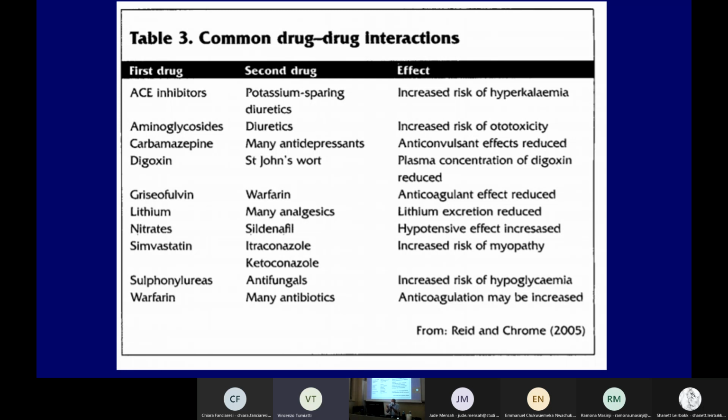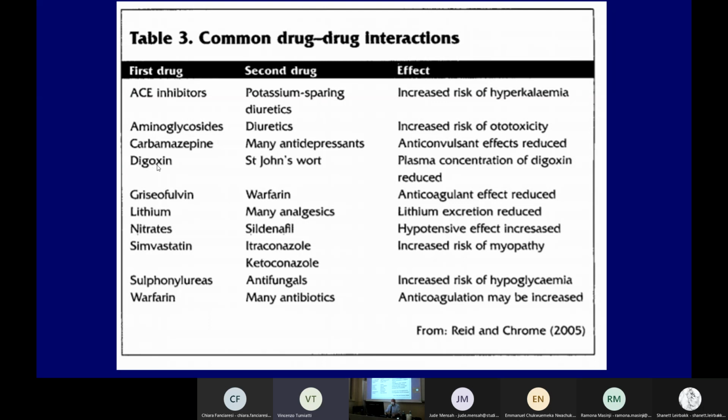So the problem is with these drugs, which control particular diseases such as diabetes, such as coagulation, you see.